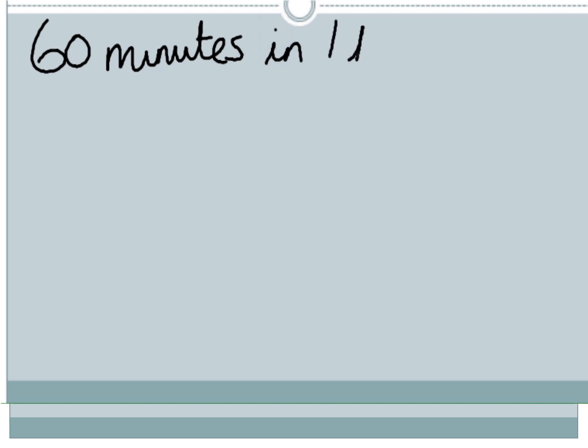How do we convert minutes into hours? Well, we need to remember that there are 60 minutes in 1 hour. So we're going to be using our 6 times tables, because counting in 60s is probably going to be a bit challenging, but we know our 6 times tables quite well.